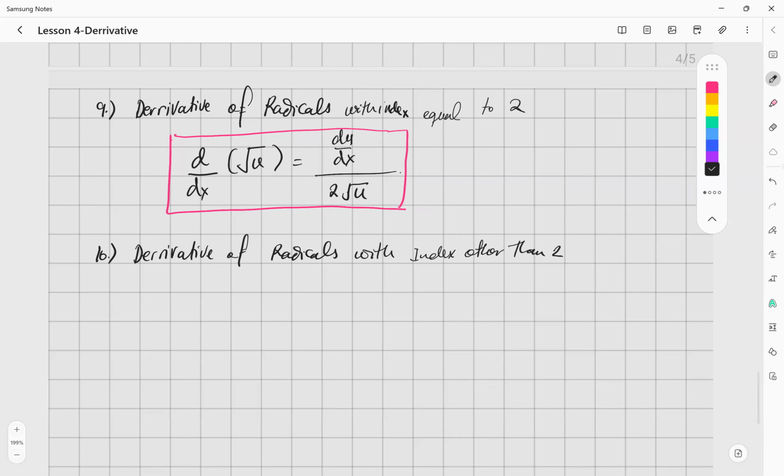Okay. So if you have the derivative with respect to dx of u to the power 1 over n, which you simply write as 1 over n, multiplied by u to the 1 over n minus 1, you multiply by du over dx.